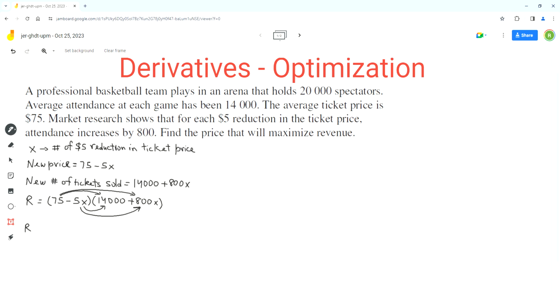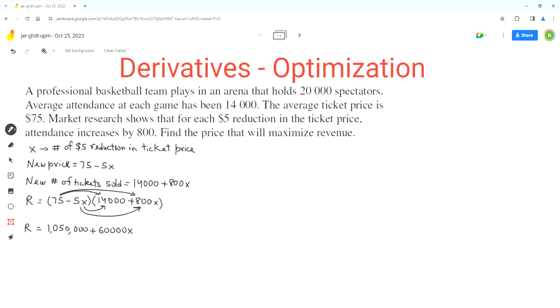So we get R equals, first we do 75 times 14,000, which is equal to 1,050,000. Then we do 75 times 800, which is equal to 60,000, and then x.